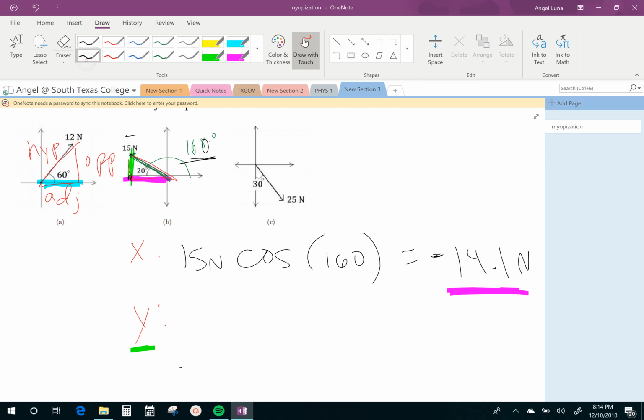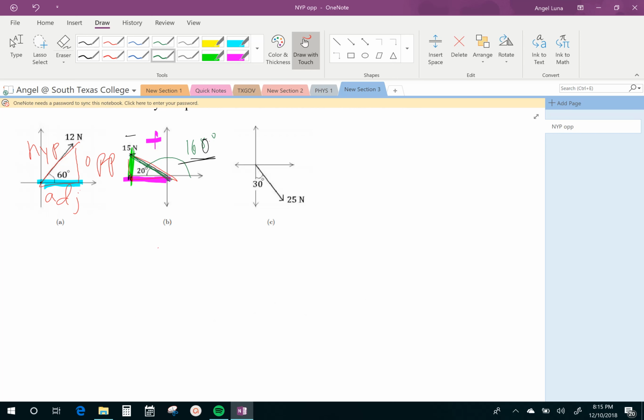Looking for the y component, we're going to get the magnitude of the vector multiplied by sine of the angle. This is going to give us 5.1 newtons. And it is positive because for the y-axis, it's in the positive quadrant.